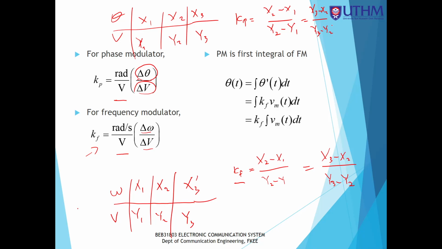Okay, so you get the value of Kp. The unit of Kp is radian per volt, and Kf is radian per second per volt.